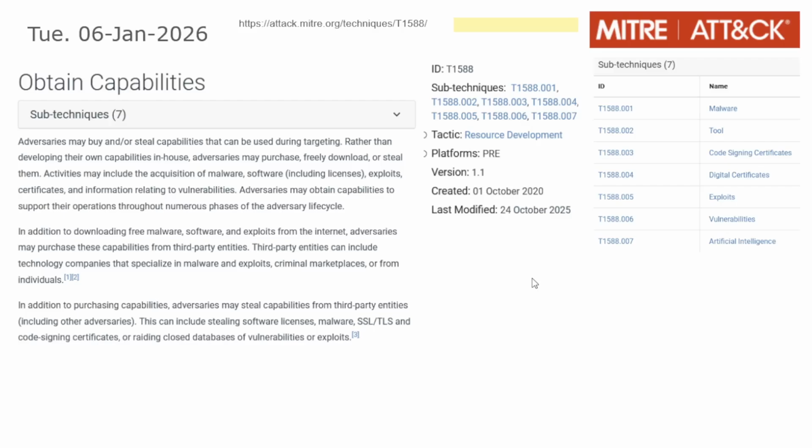For example, the software Mimikatz is freely downloadable. For purchase, there was a website back in the day called Silk Road, but in the dark web there are alternatives now. Silk Road, as far as I know, has been taken down by American officials, by the agencies, but there are alternatives.